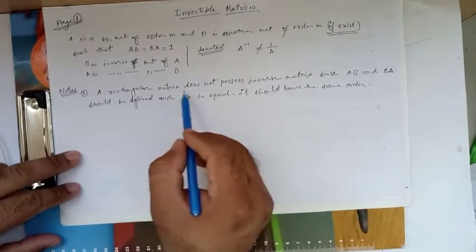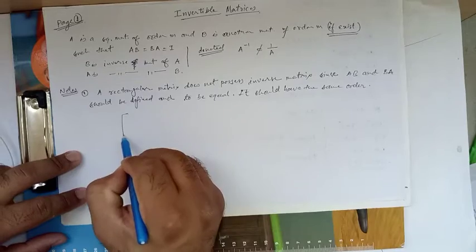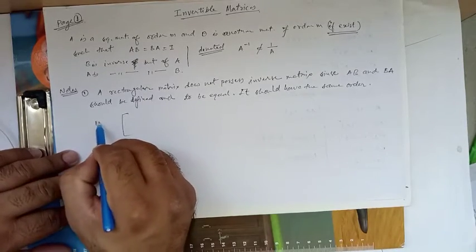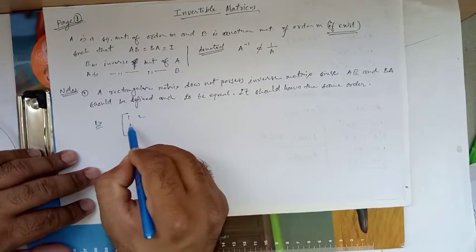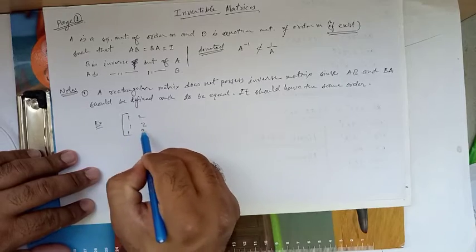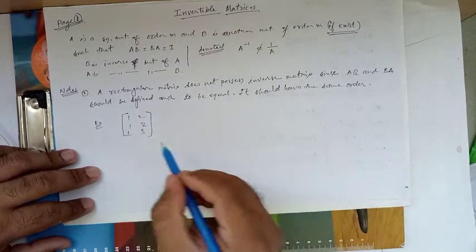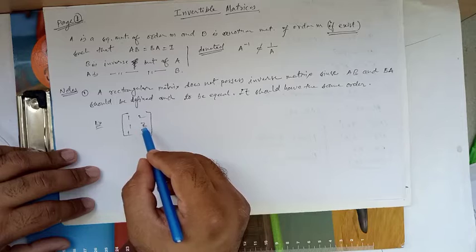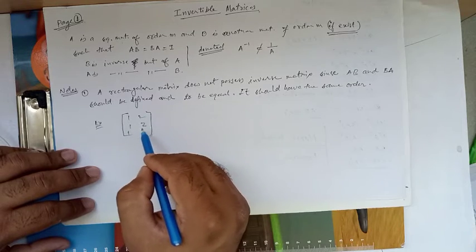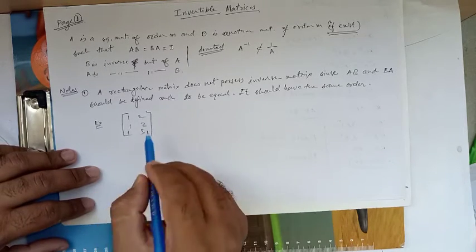So if you talk about a rectangular matrix, for example 1 2 1 2 1 3, the inverse matrix of this particular matrix is not defined. Why?